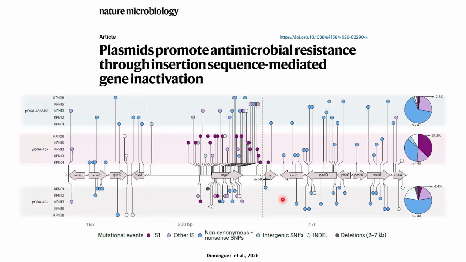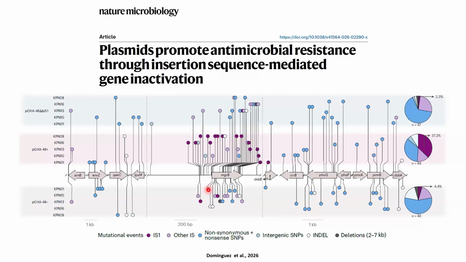You can see the mutations they have reported over here, and it is very well accepted now that in presence of insertion sequences on plasmids, the rate at which disruptions and gene inactivation happen is far, far more than in absence of insertion sequences. You can read the title of this paper, which says plasmids promote antibiotic resistance through insertion sequence mediated gene inactivation.